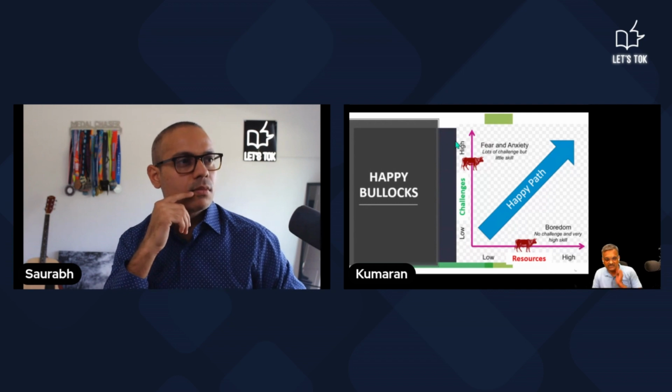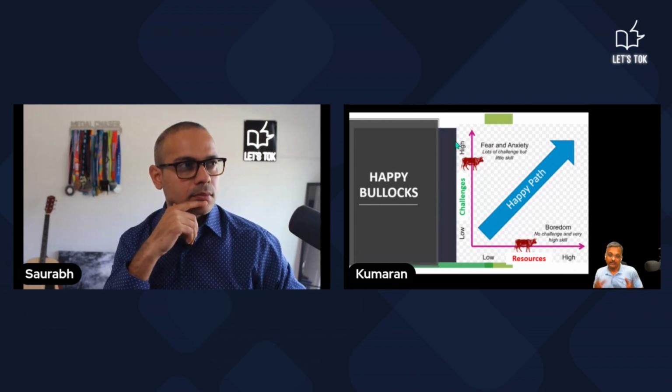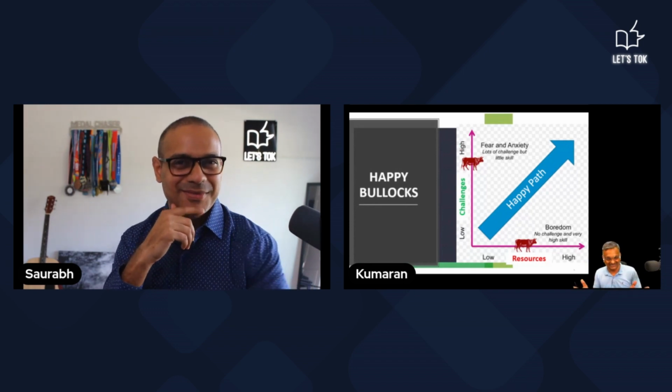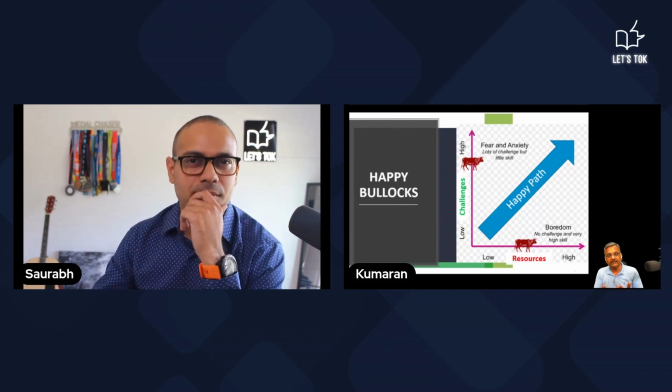The answer is obvious. You can't increase resources. That is reality. Whatever resources you have at a point in time, you have that. You can wish for more resources, but that does not increase resources. So what you do is drop the challenge of the solution that you're trying to get to. Then it gives you momentum.